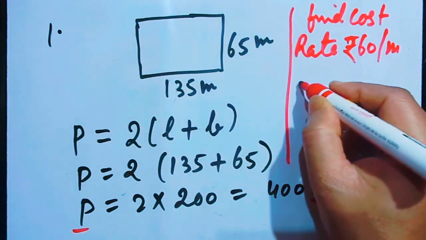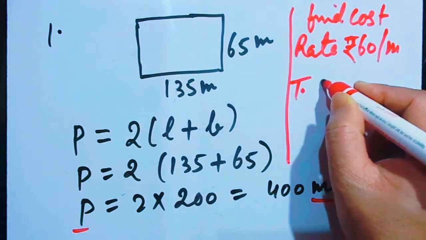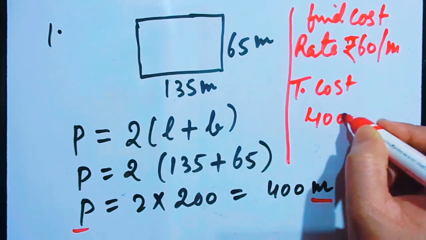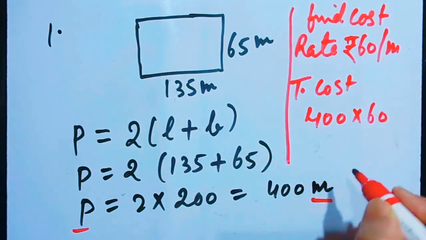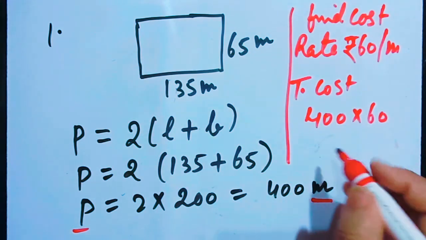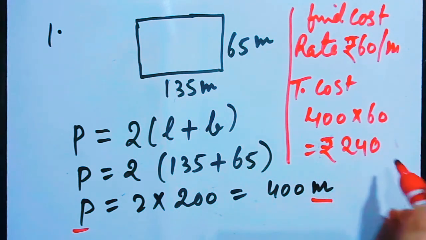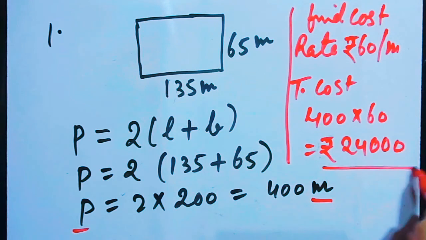Therefore the total cost will be equal to 400 multiplied by 60, which is rupees 24,000.